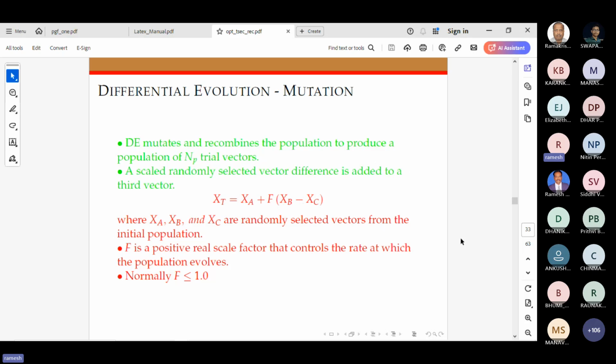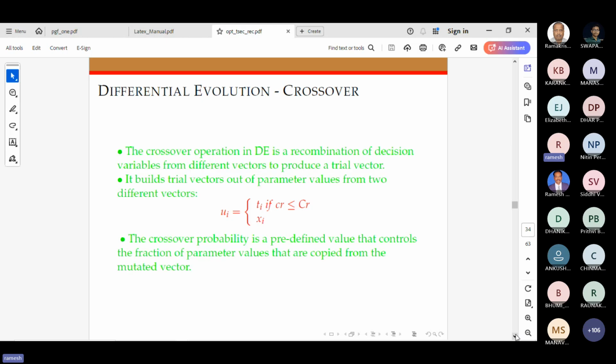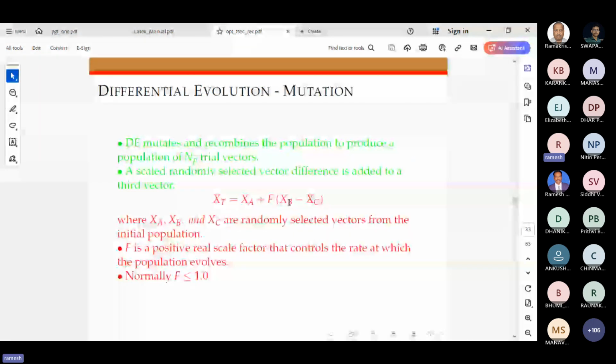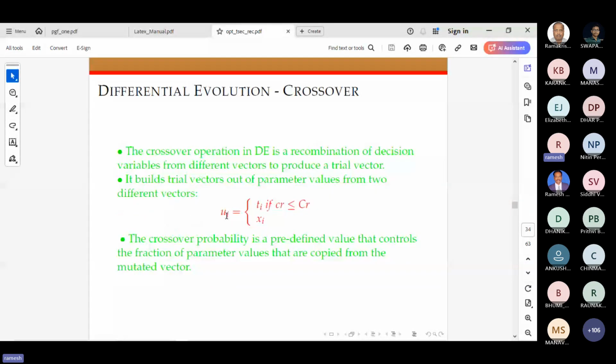Once this is done, the other operation, a very similar one, is known as crossover. In this case, for the trial vector, we look at individual decision variables. This X vector has a set of decision variables, x1, x2, etc., represented by small letters. Those are individually altered between the trial vector and the population vectors.